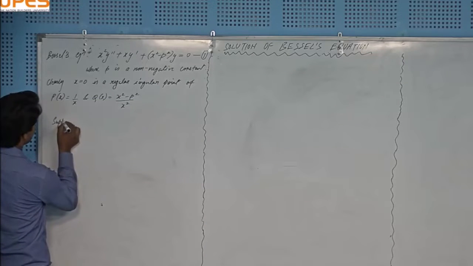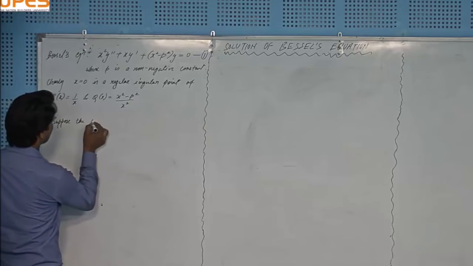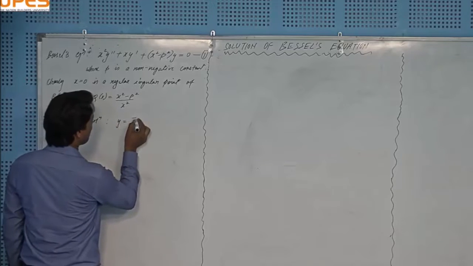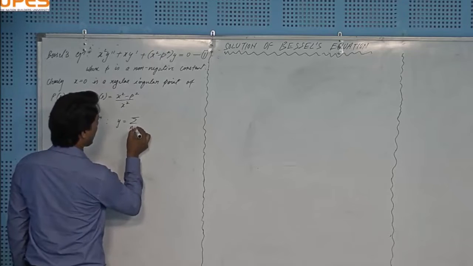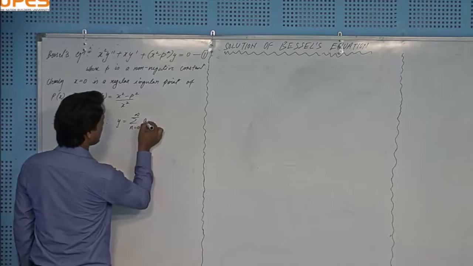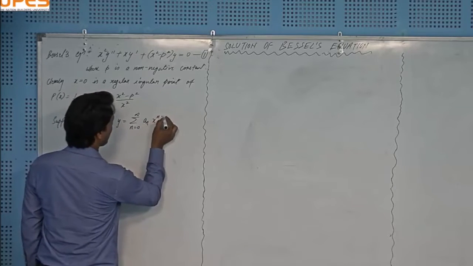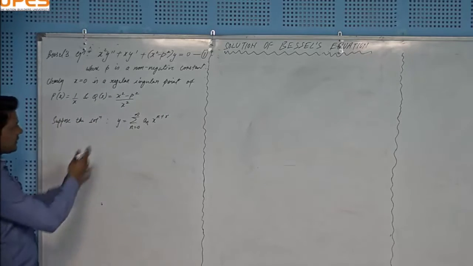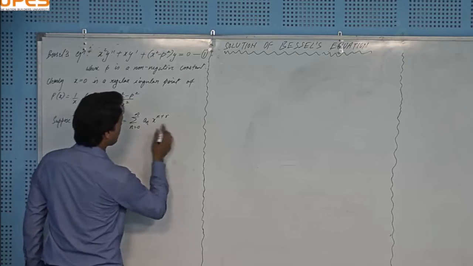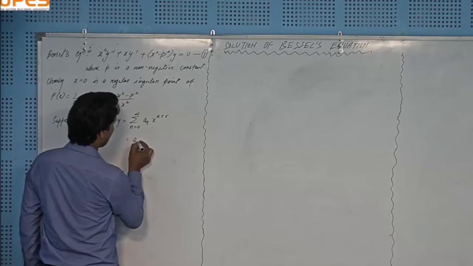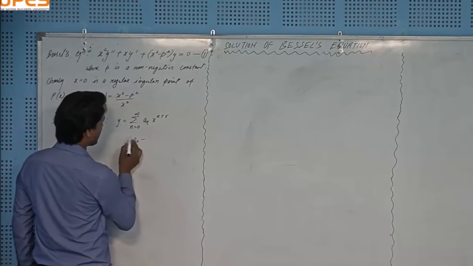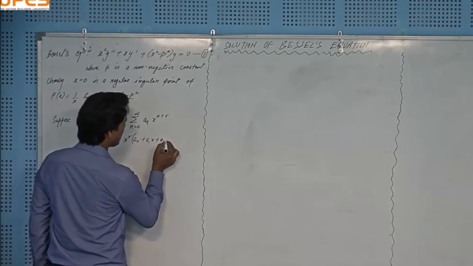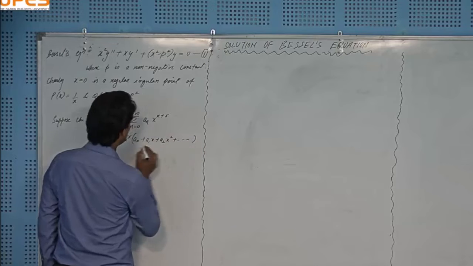Suppose the solution is of the form y equal to summation n equal to 0 to infinity a_n x to the power n plus r, right? And if I write it in expanded version, it should be like this: x to the power r outside, and a naught plus a1 x plus a2 x square, and so on.